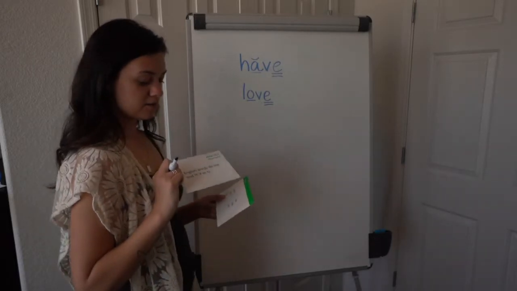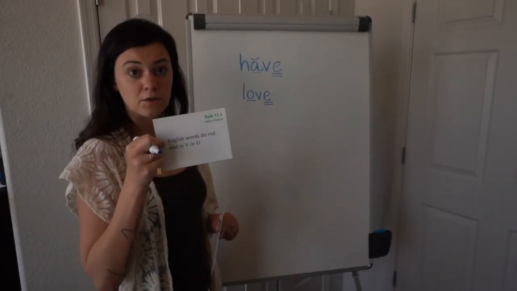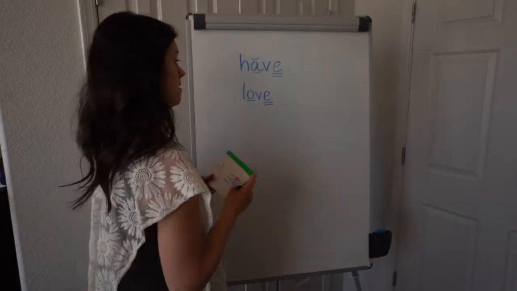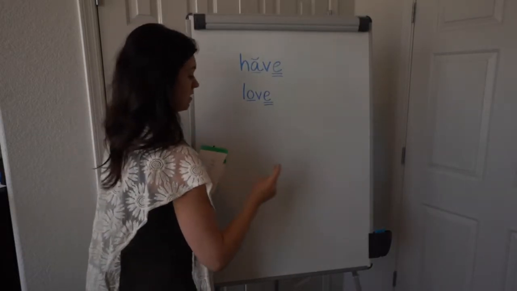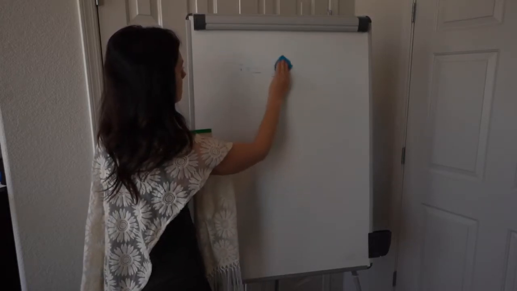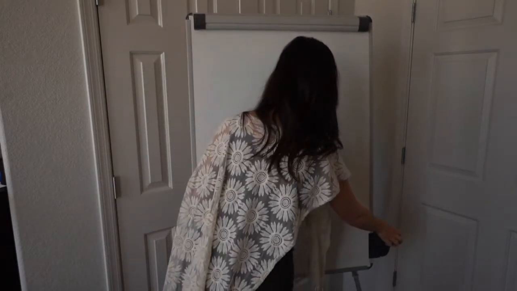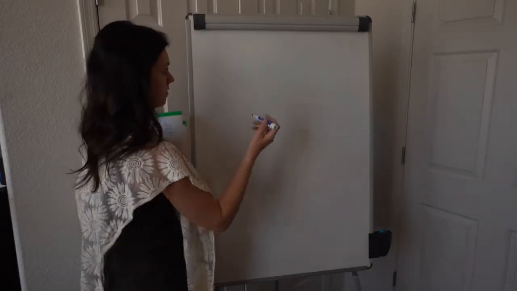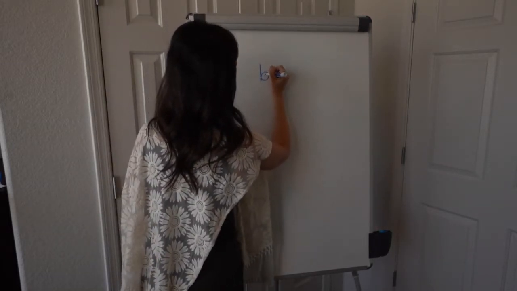And our rule says English words do not end in V or U. So let's look at a couple of words that might end in U, but we have to add an E to make sure that they don't. Okay, so for example, let's look at the word blue.